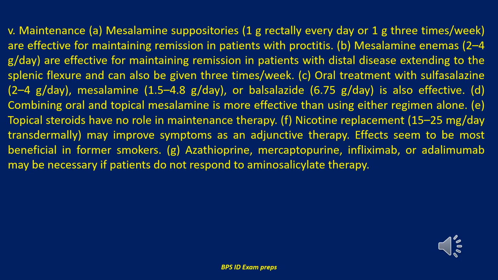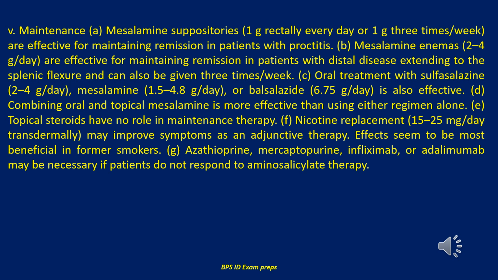5. We will now look at maintenance therapy. Mesalamine suppositories dosed at 1 gram rectally every day or 1 gram 3 times a week are effective for maintaining remission in patients with proctitis. B. Mesalamine enemas dosed at 2 to 4 grams per day are effective for maintaining remission in patients with distal disease extending to the splenic flexure and can also be given 3 times a week.